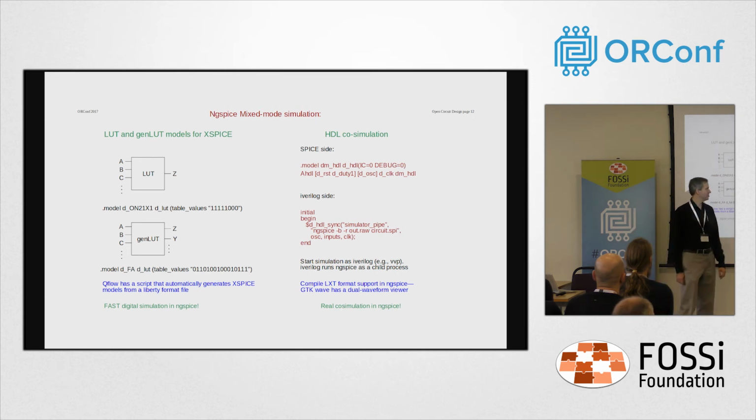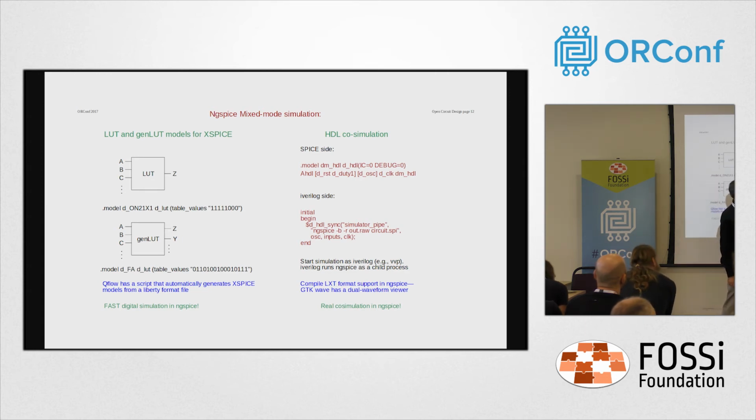So there is a version of XSpice where this is compiled in, and it's fairly straightforward. And on the Spice side, you have an A model, which is what connects to XSpice. And you tell it you are running this model called d_hdl, and you pass certain parameters to it.